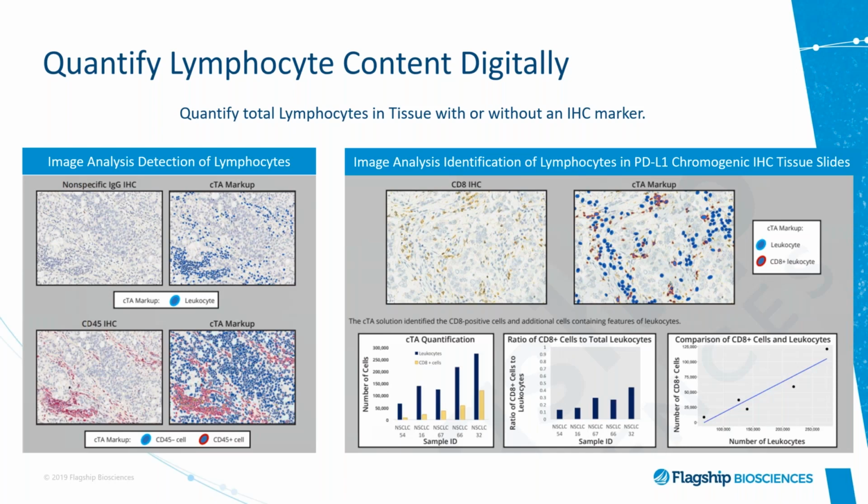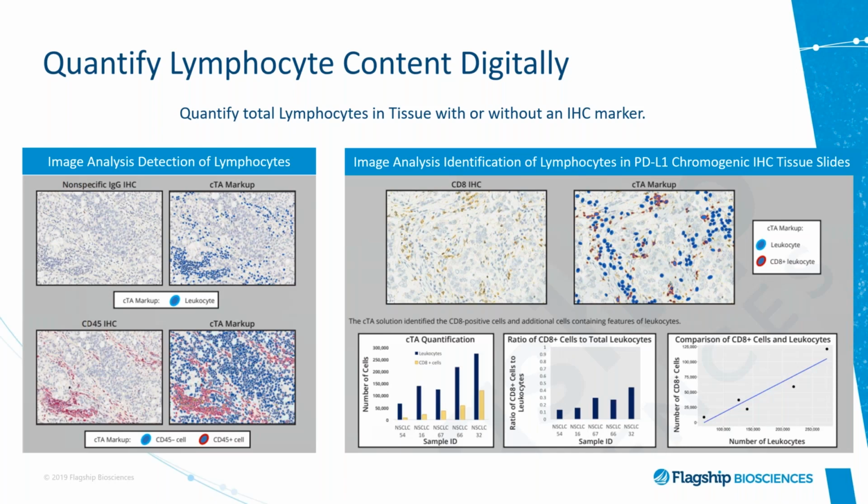And the absence of immunohistochemistry is particularly important because oftentimes when you want to interrogate this PD-L1 stained slide, you don't want to introduce any modification to the traditional staining protocol and to the correlated staining interpretation approach. So we have detected a way to illustrate where lymphocytes are present or not based on artificial intelligence.